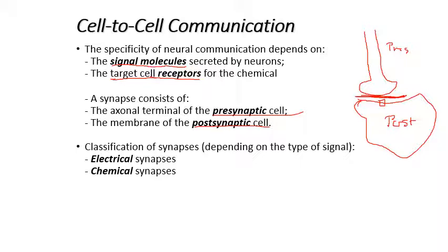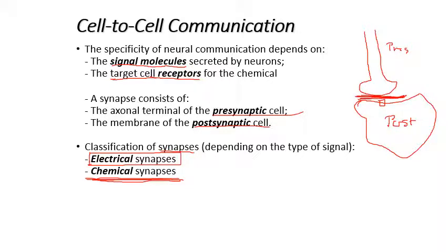Okay, so we have these synapses, and the ones we're talking about here are chemical synapses. We're going to spend the most amount of time on chemical synapses, but we are going to talk briefly about the electrical synapses. Chemical synapses are where chemicals are getting released.